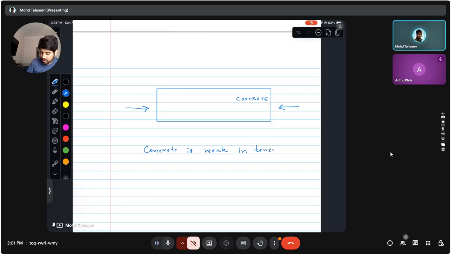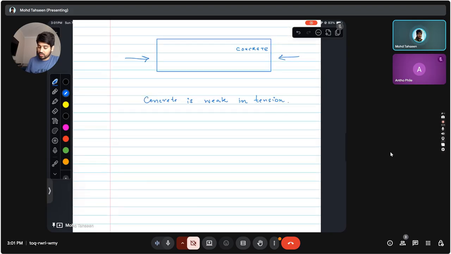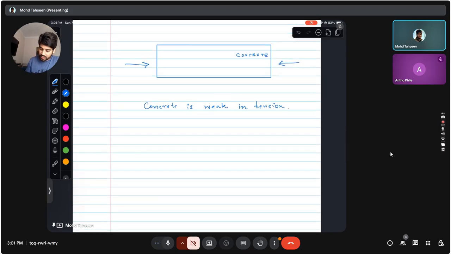So if we were to apply a pulling force on a concrete bar or slab, we would find that it will fail at much lower loads than what it can sustain under compression, right? And that failure happens along a shear, right?